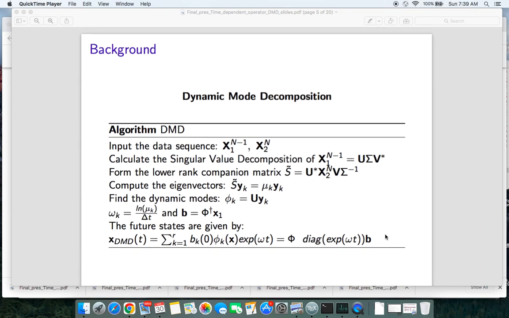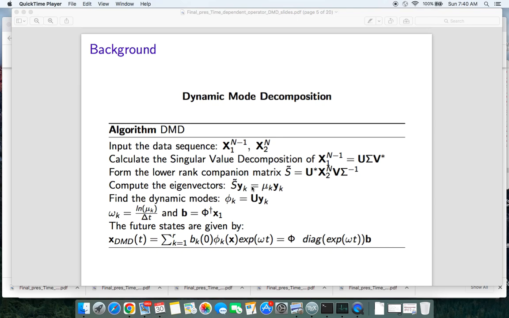So here is the algorithm of DMD. So we need to input the data sequence, which will be split into two parts. And then we do the SVD of the first part, and we try to find the lower rank version of the mapping matrix S tilde. And then we do eigendecomposition of that mapping matrix this way.